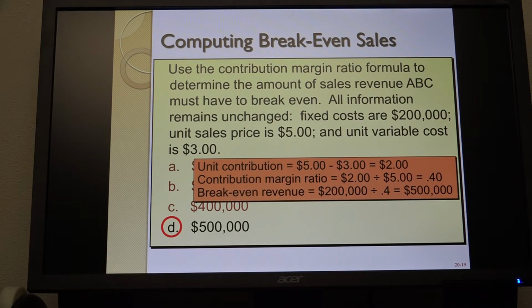So your unit contribution is $2. Your contribution margin ratio is 0.40. Break-even revenue equals the $200,000 of fixed cost divided by the contribution margin ratio of 0.40. And so your answer is $500,000.